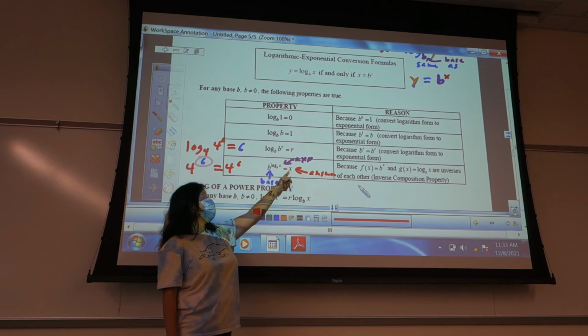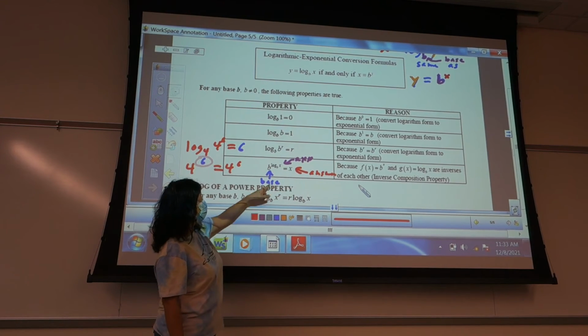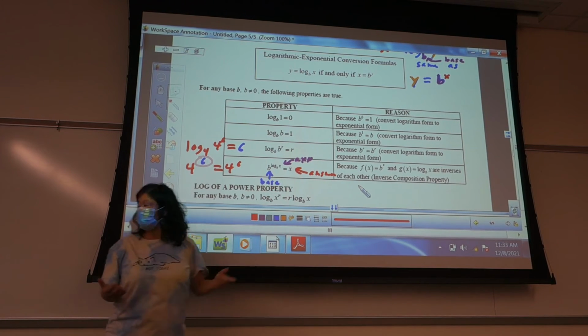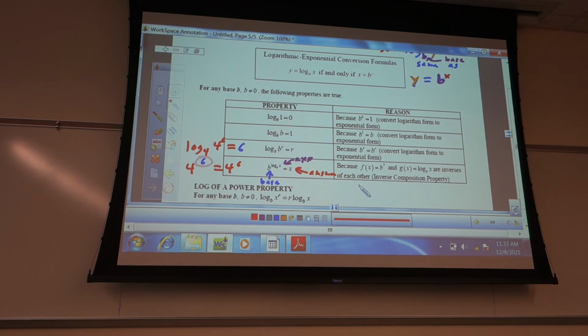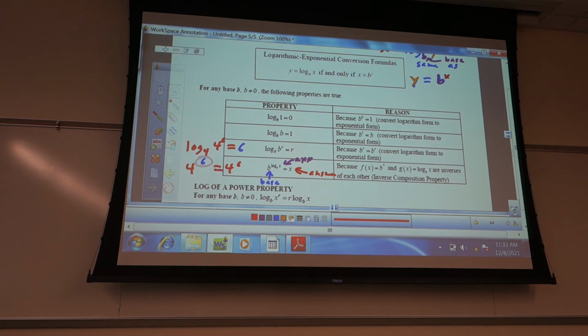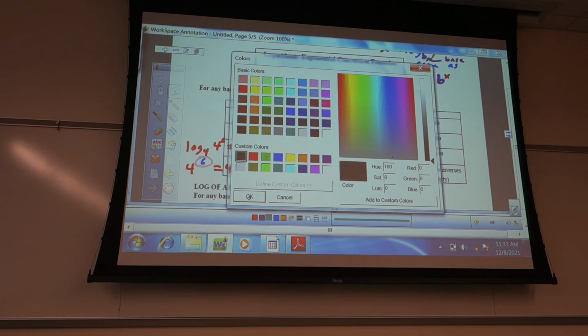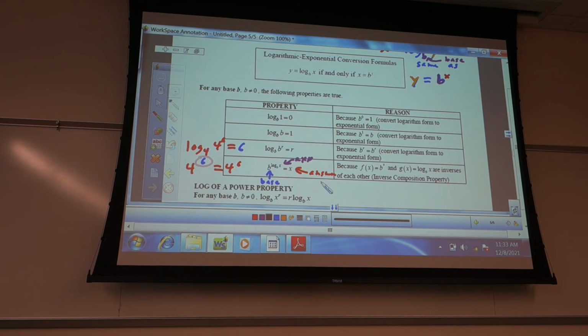So if I rewrote that as a log, I'd have a log with this base and that answer. So I'd say log. And then what's my base? B. Everybody with me? And then what's my answer?